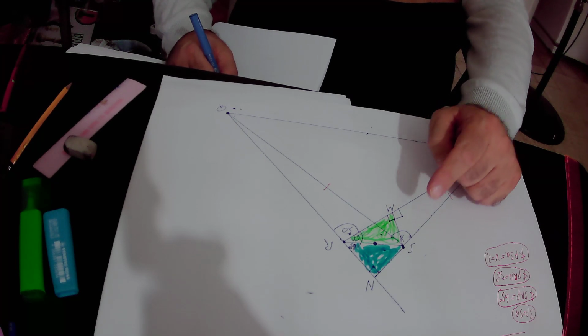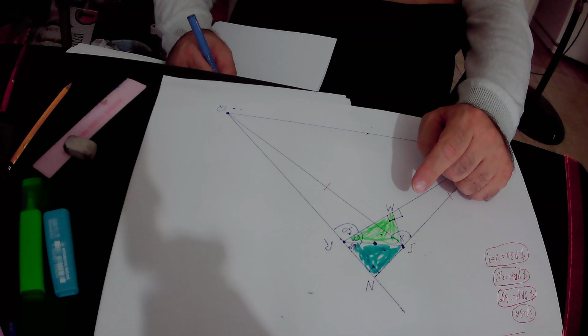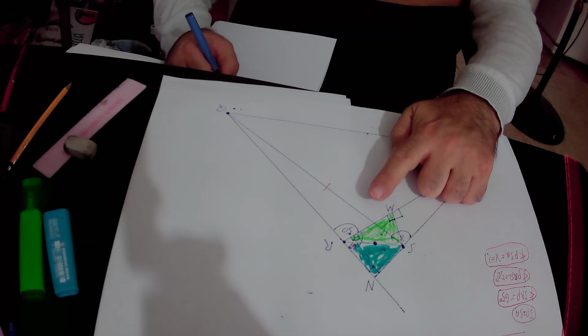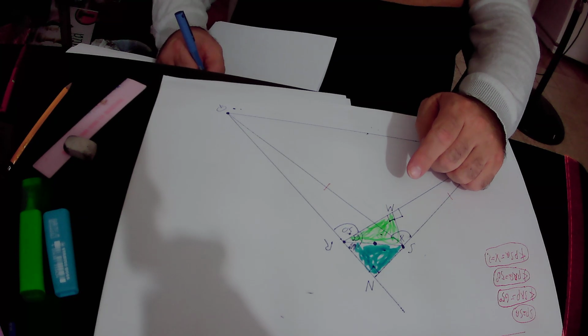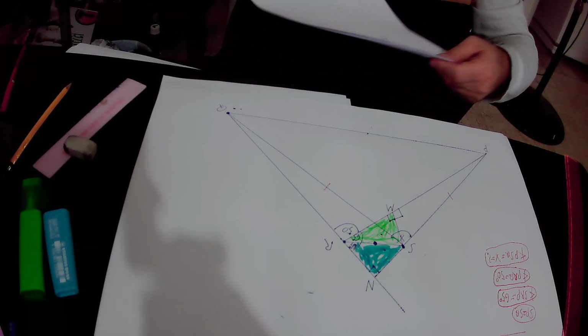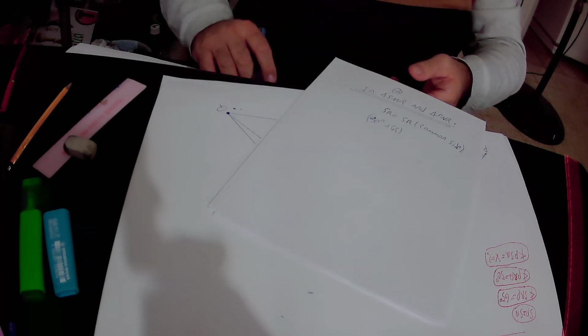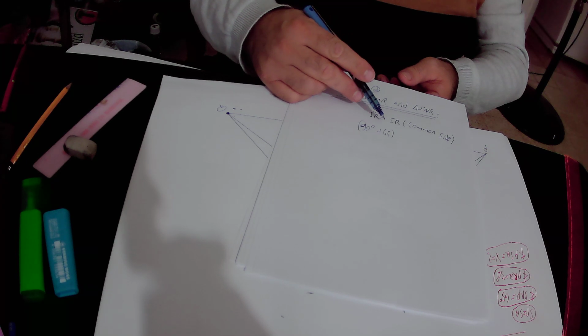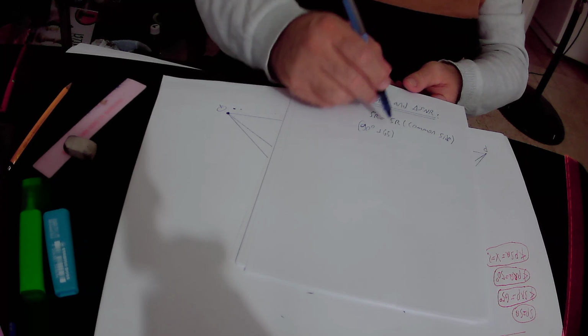Angle SMR equals 90 degrees. And we also know that angle MRS equals 65 degrees. Okay, so we have two angles. One angle is 90 degrees and the other angle is 65 degrees.